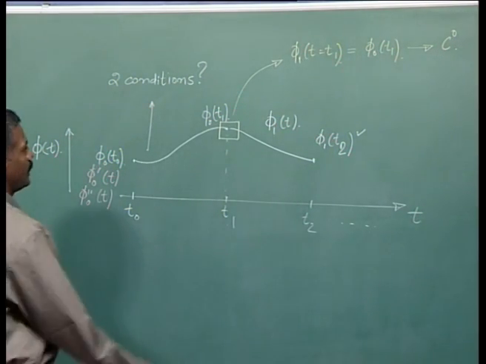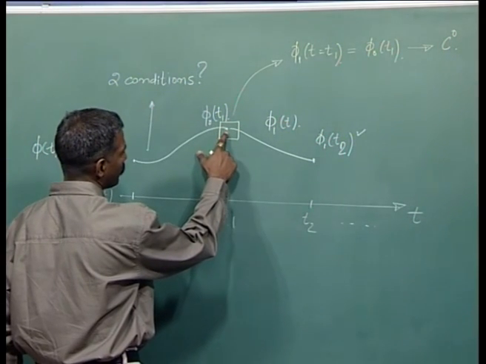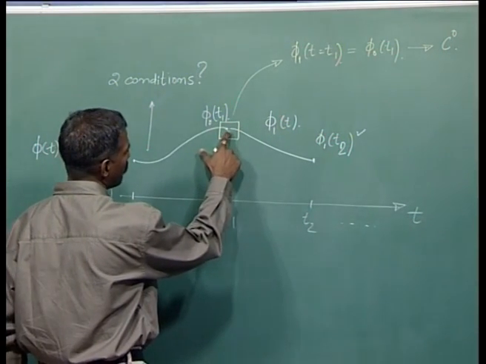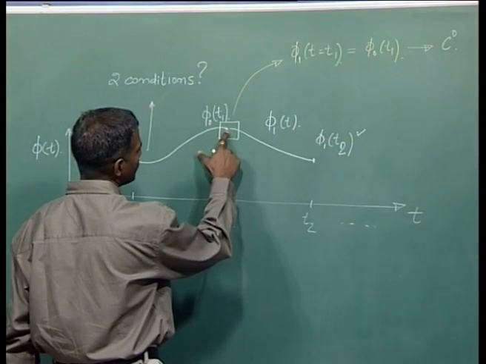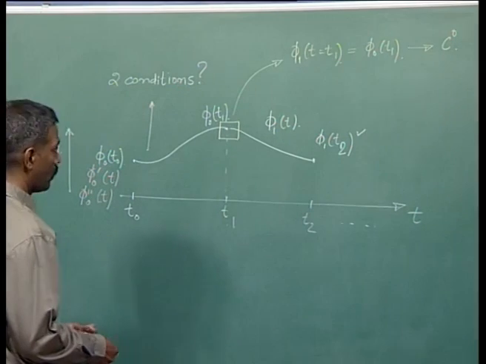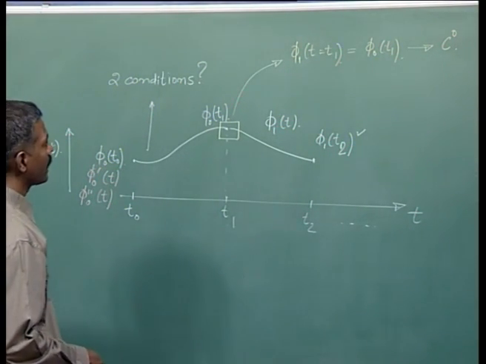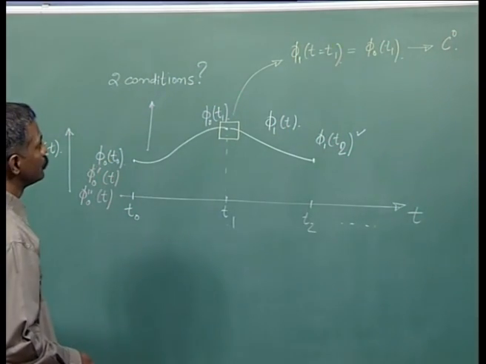In a sense, we need to ensure that we have not only C1 continuity or the slope continuity, but also continuity in the second derivative at this junction point. What would that mean? This would mean that we would be able to generate two more conditions.